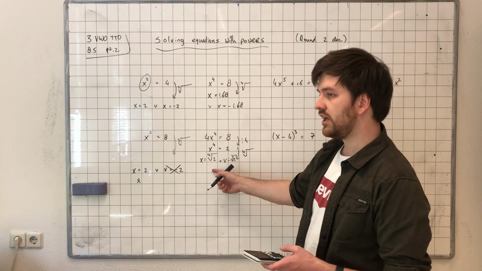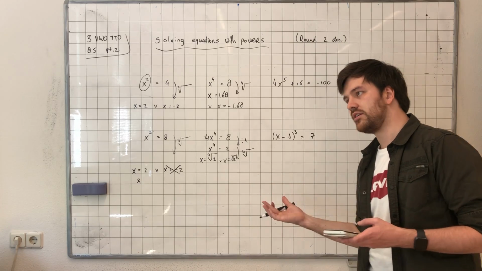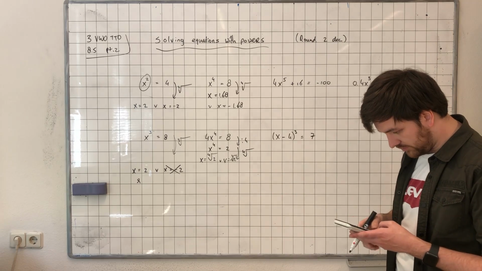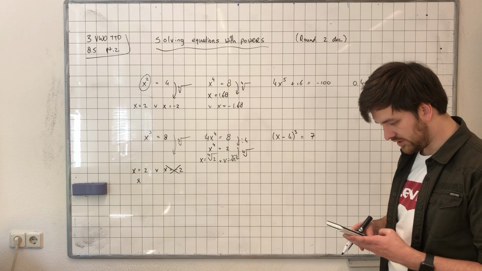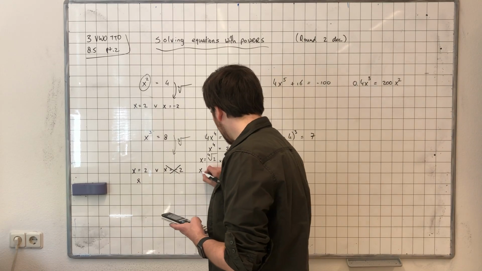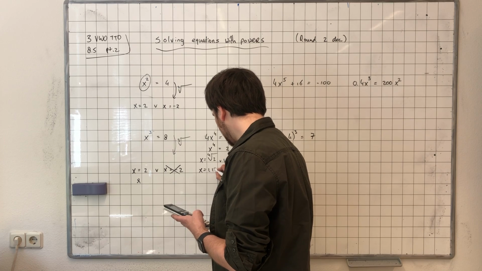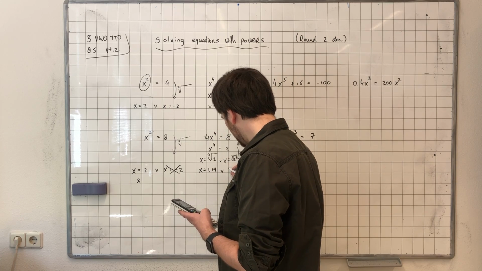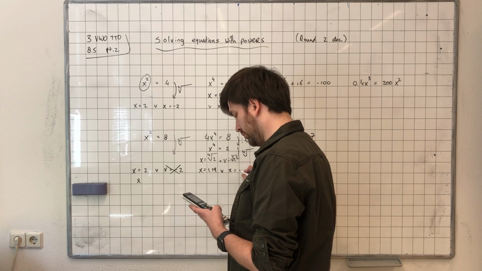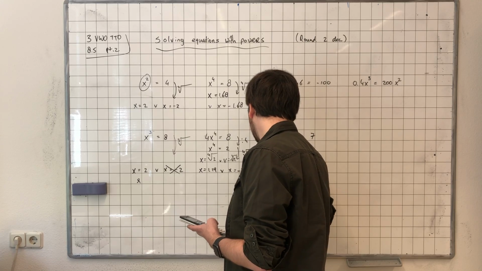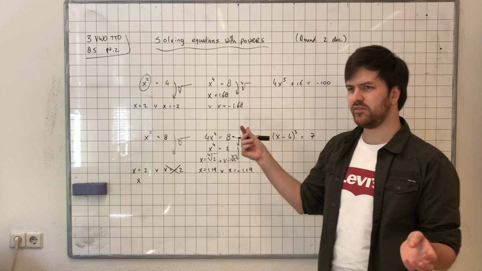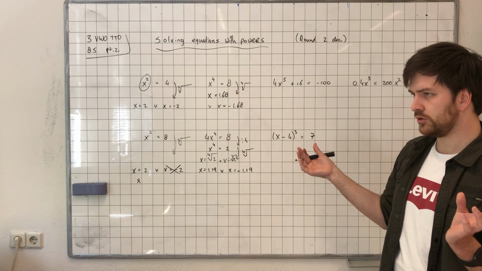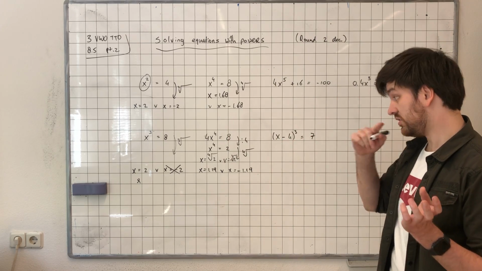If you want an exact answer, this is the exact answer, but since we're not looking for exact answers right now, put this into my calculator. This means that x equals 1.19 or x is equal to minus 1.19. And some of you might wonder, are there equations in which there are 4 solutions? Yes.